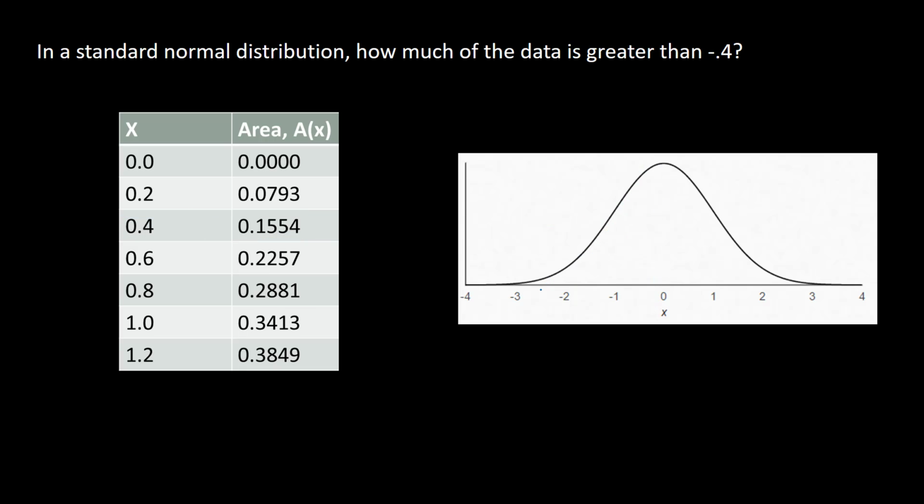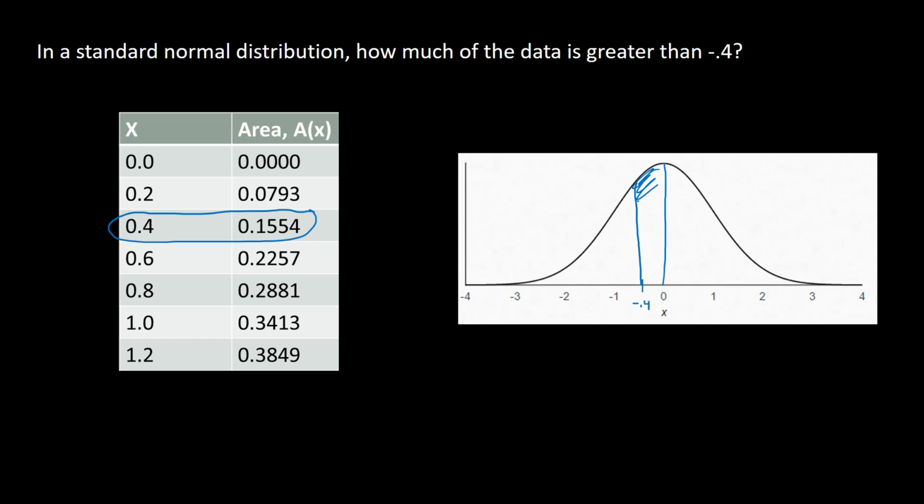Here's another one with a negative, and it's asking how much of the data is greater than negative 0.4. So looking at negative 0.4, we want to know how much of the area is greater than negative 0.4. That's going to be everything to the right side. Looking at the table, we see the area that corresponds with it to be 0.1554, which is the area between the x value and 0.